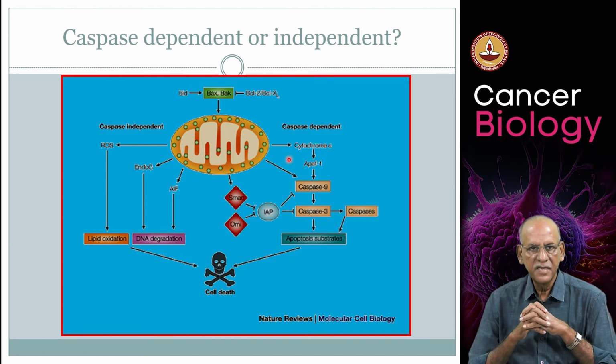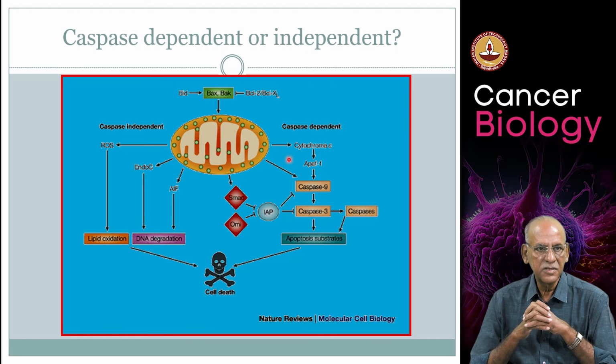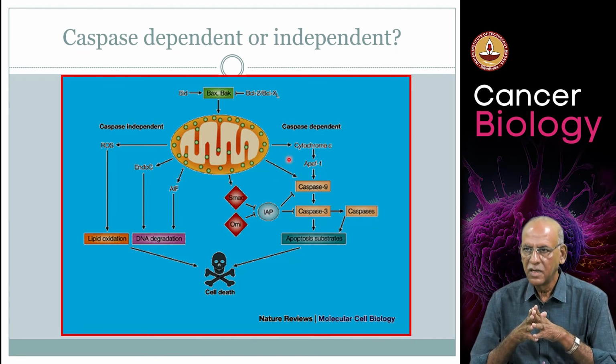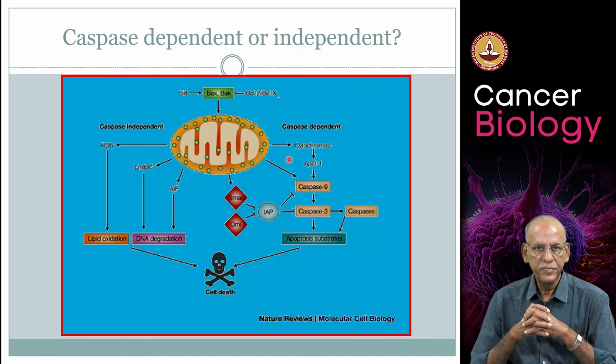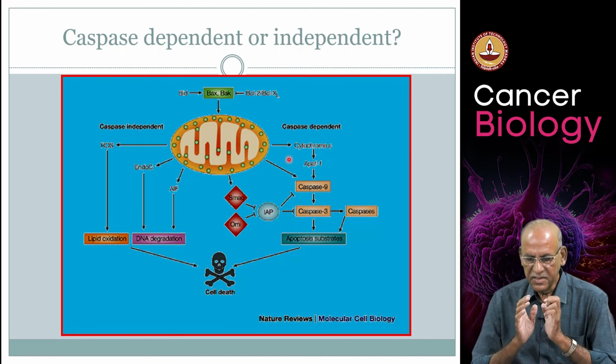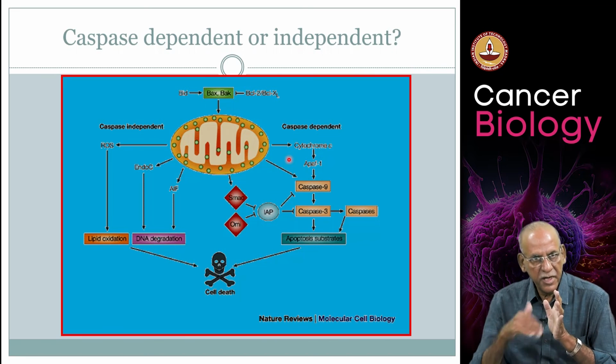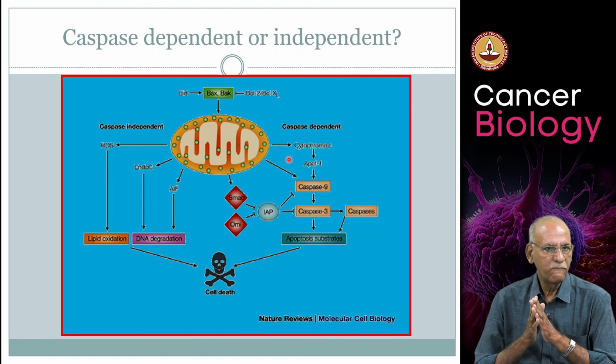As the name implies, these inhibitors of apoptosis proteins, IAP, again you have many of them. I told you always, this is another concept, you always have some substitute molecules, IAP1 and IAP2 are there. So, these IAPs are inhibitors of apoptosis. If you inhibit these inhibitors, you are stimulating apoptosis.